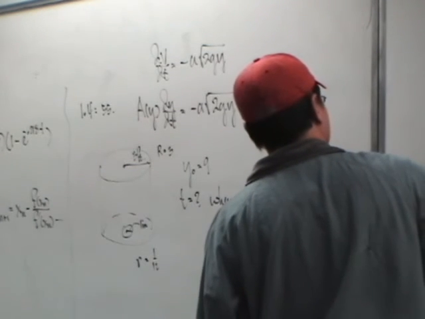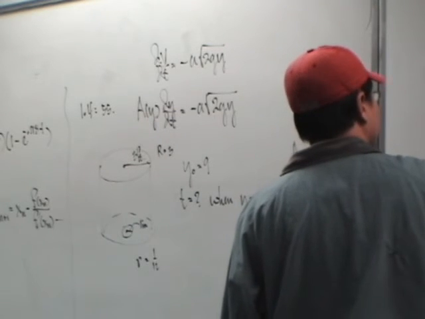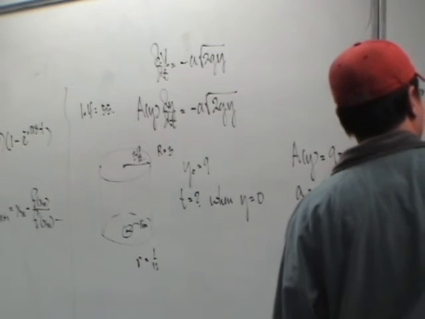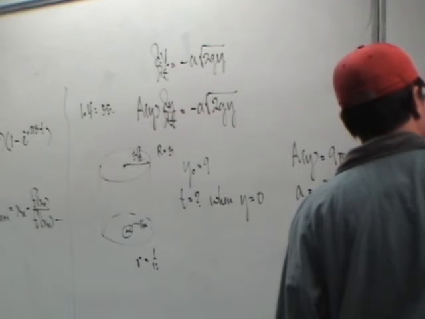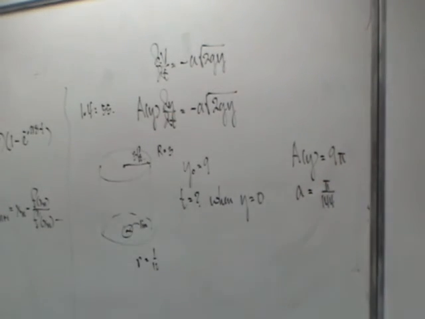The pi's cancel here. So 9 dy/dt is equal to negative 8 over 144 square root of y. That would simplify nicely as well. So I'm going to bring all the constants to the right, multiply by 9.